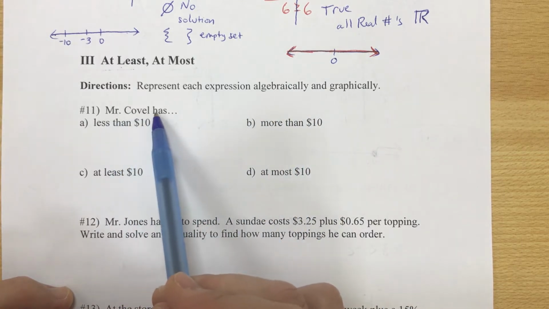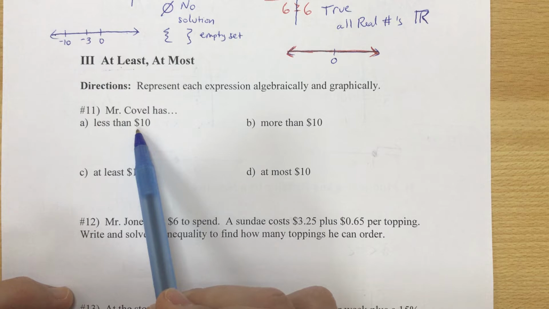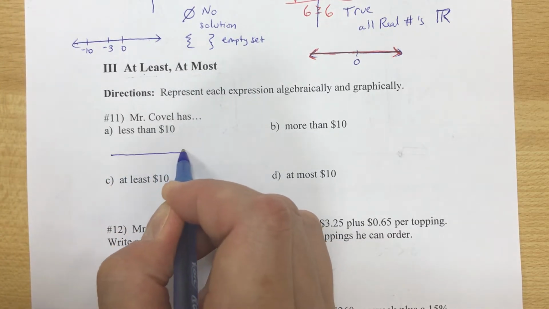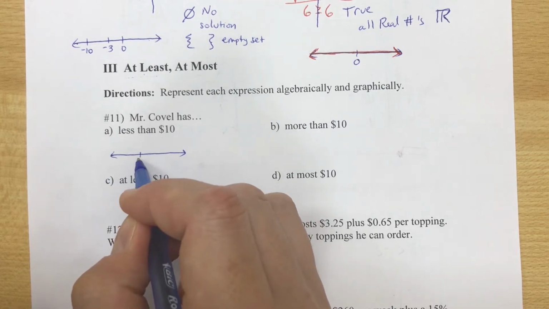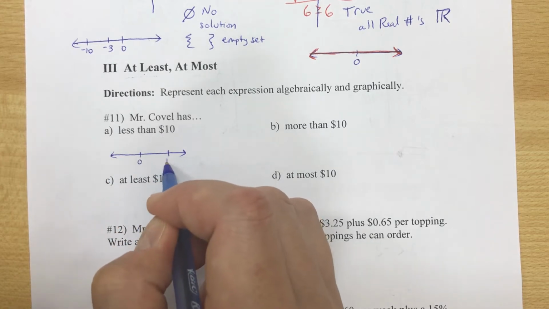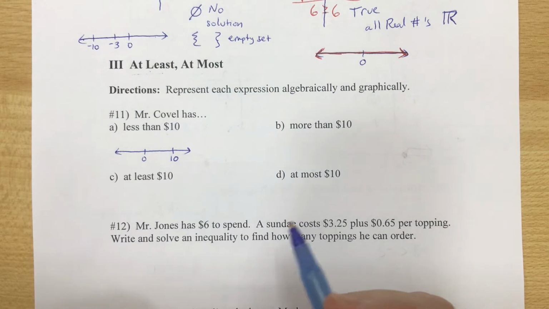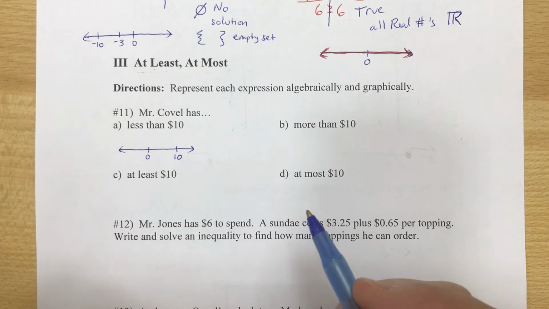Mr. Covell has less than $10. So less than $10. Here's 0. Here's 10. I like to think of examples with money because that's something that we use quite often, and so it might be easier for us to relate to.